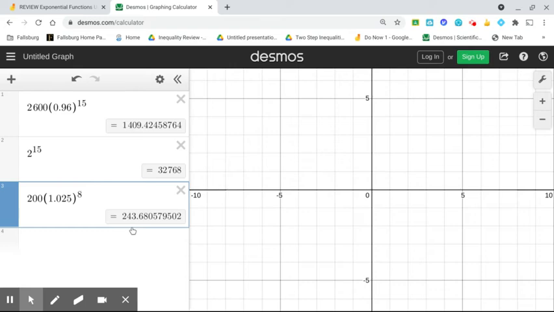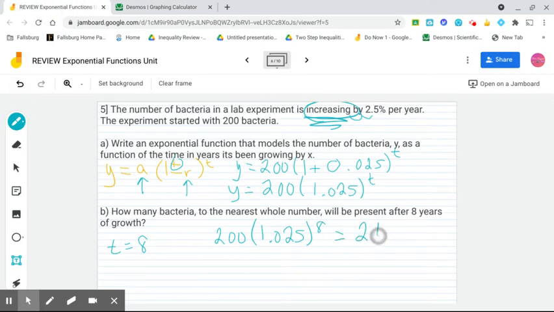And it says to round to the nearest whole number if necessary. So 243 is the whole number, but we have to look one next door. It is a 6, which makes it big enough to make this whole number go up to 244. So after 8 years, there will be 244 bacteria.